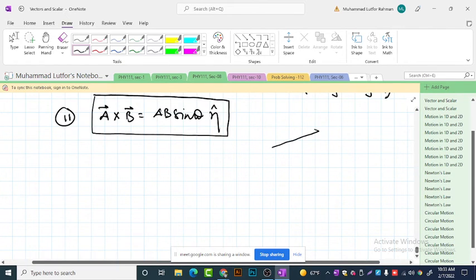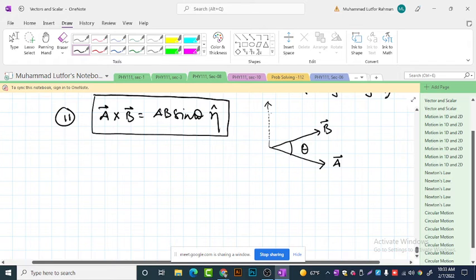Say this is your vector B and this is your vector A, then theta is between these two vectors. In that case, this eta is the direction that is perpendicular to both A and B. This will be the direction of eta hat. It could be upward or it could also be downward. In that case, it will be the minus eta hat.